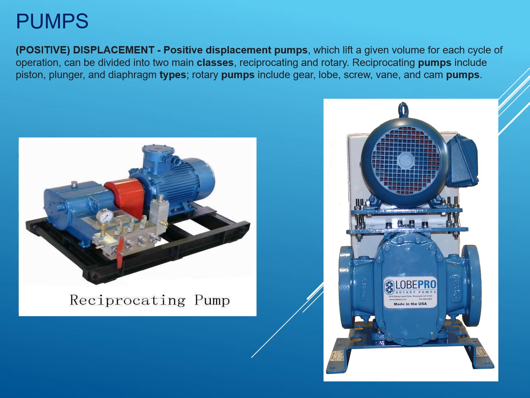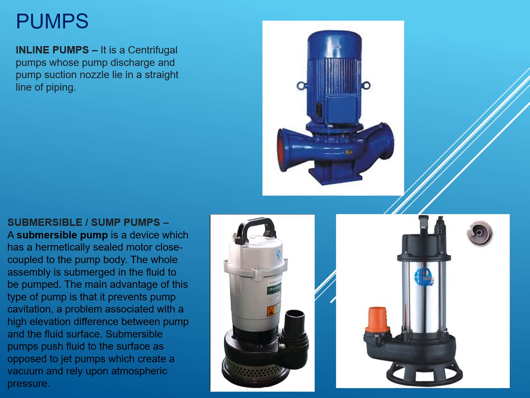Rotary pumps include gear, lobe, screw, vane, and cam pumps. The next is called an inline pump. It is a centrifugal pump whose discharge and suction nozzle lie in a straight line of piping, meaning the inlet and the outlet flow in one straight line.